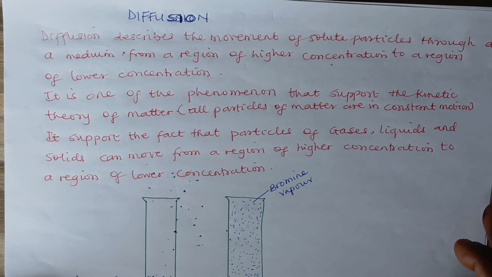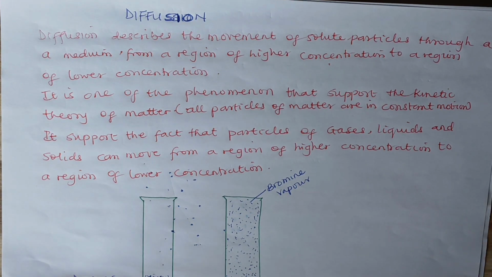And there is an experiment to back up this phenomenon, whereby a sample of food color is added to a liquid in a container. From where the food color is, there is a movement from that place, which is of higher concentration, to a region where there is no food color, that is lower concentration, until the solute particles of the food color are evenly distributed.